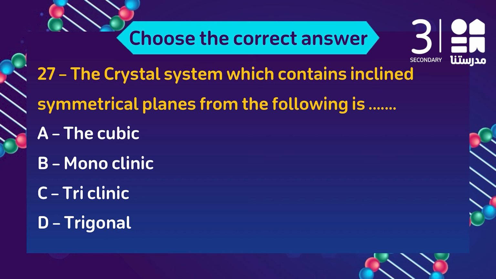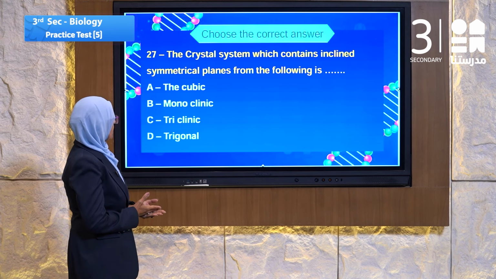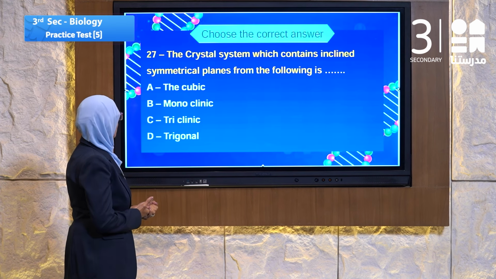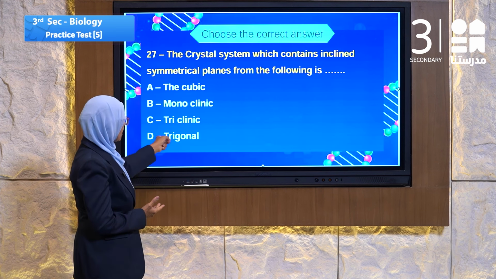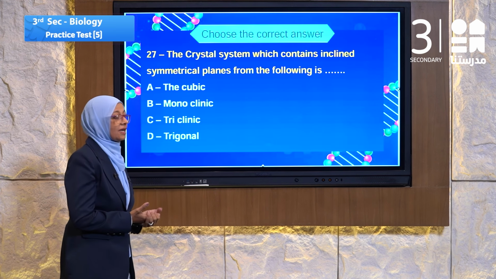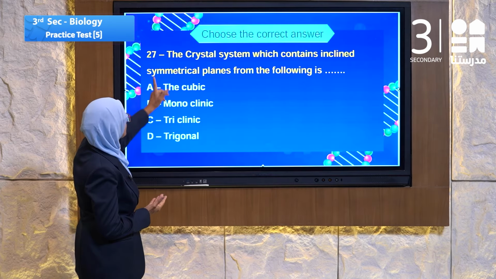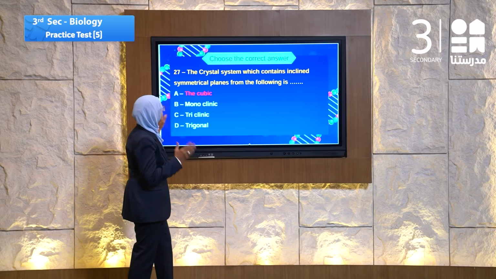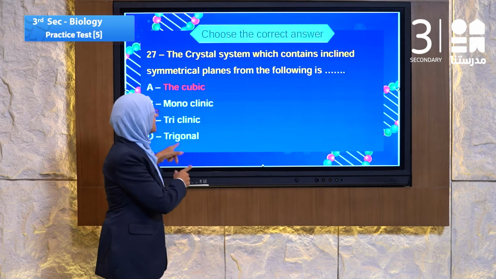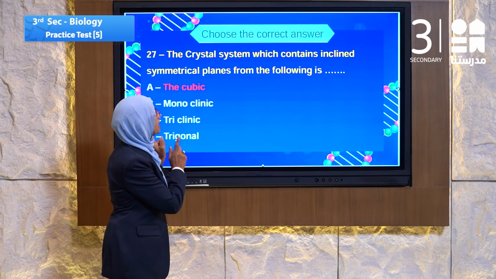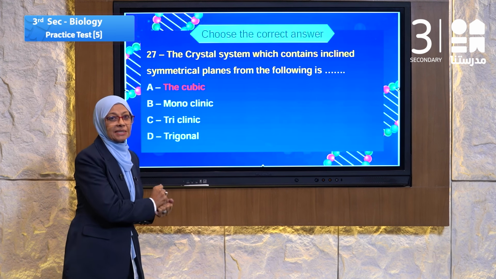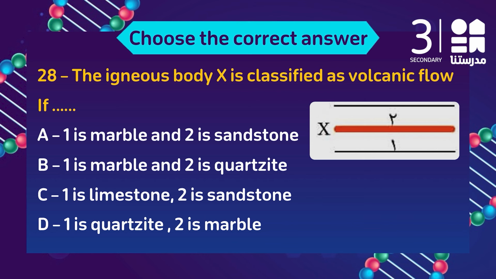The crystal system which contains inclined symmetrical planes from the following is number A, the cubic one, number B, monoclinic, number C, triclinic, number D, trigonal. Let's see the question again. The question speaks about the symmetrical planes. So the answer must be the cubic one because it has the inclined symmetrical planes.